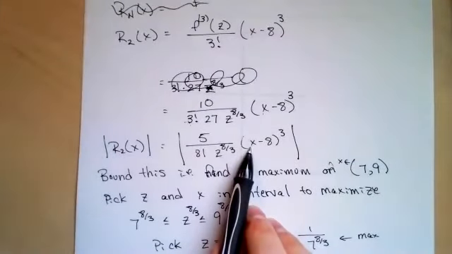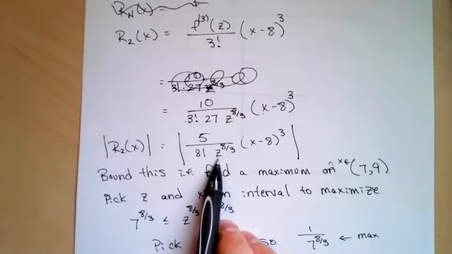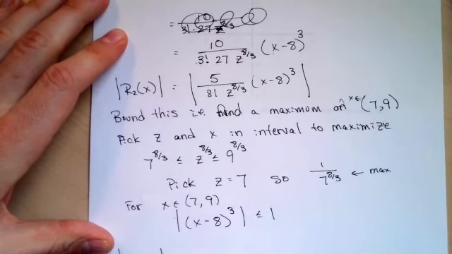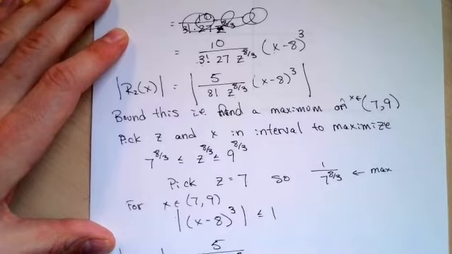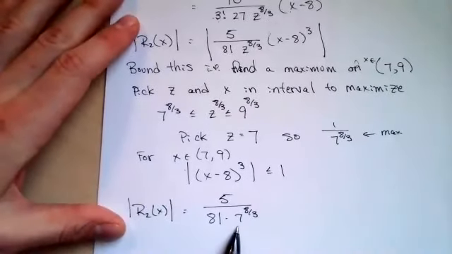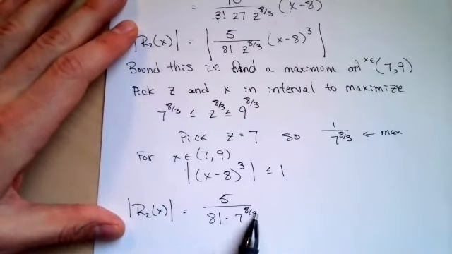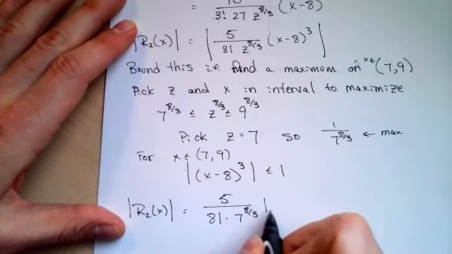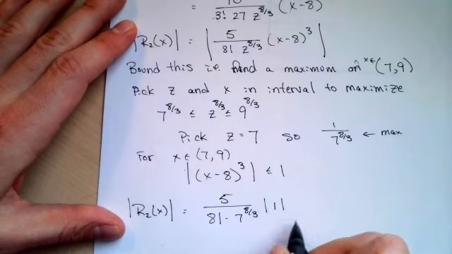We're going to pick 9 for our x, and we're going to pick 7 for our z. So the overall bound for the absolute value of our remainder is going to be 5 over 81 times 7 to the 8/3. So we picked our smallest denominator there to maximize that overall expression, times absolute value of 1 cubed.